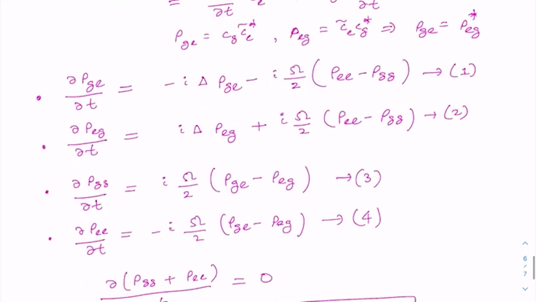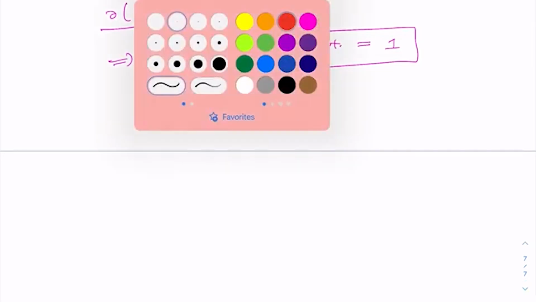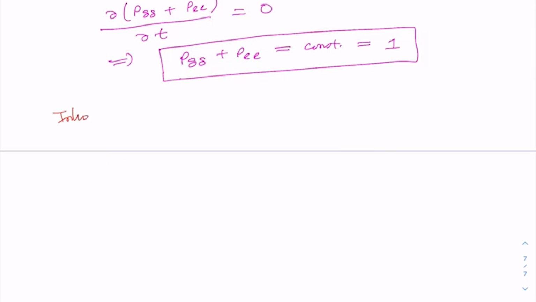Now these four equations can be written in a very compact form if I introduce three variables. One variable is, say, u is equal to rho ze plus rho ez. If you take a close look, this should remind you of the Pauli matrix sigma x.